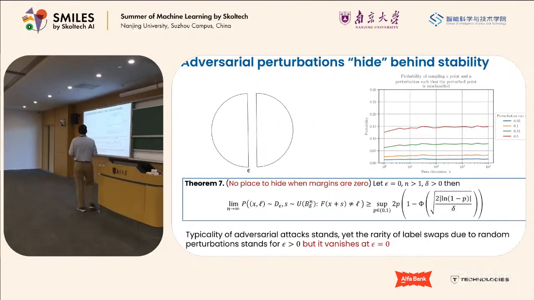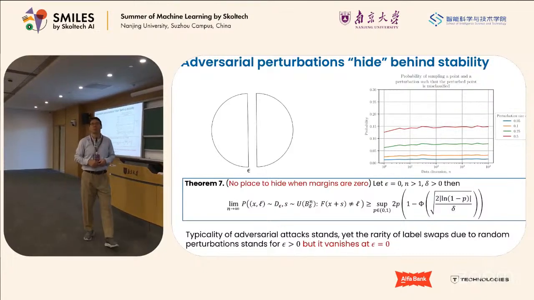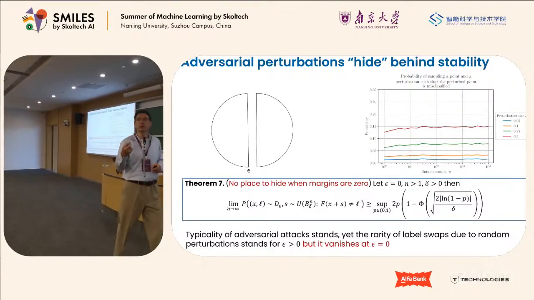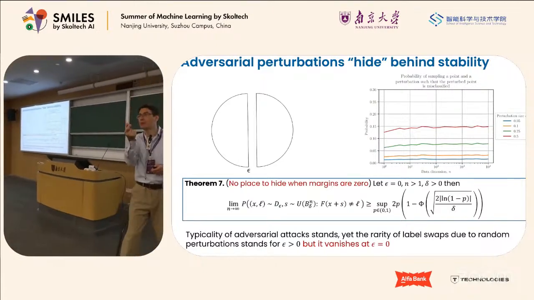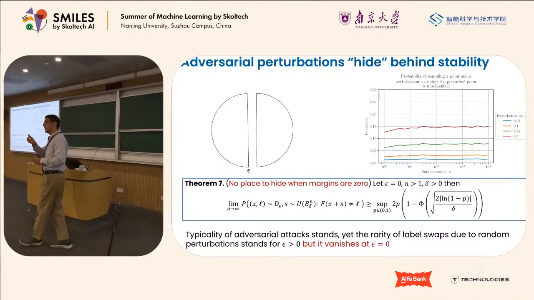And this was a very interesting thing because it reveals that somehow it's not only the concentration in dimension, but it's the gap between the two classes, which is important for all these things to coexist.